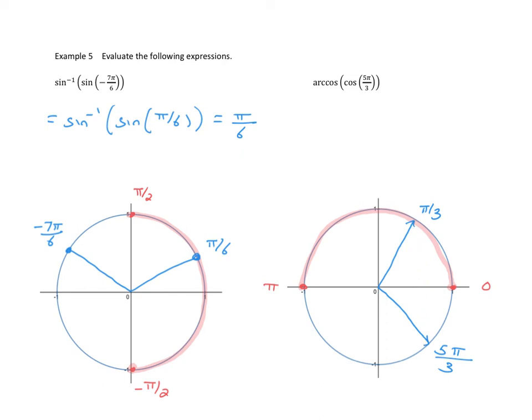So said another way, arc cosine of cosine of 5 pi over 3 is equal to arc cosine of cosine of pi over 3. But here, since pi over 3 falls within this interval, my answer will be pi over 3 instead of 5 pi over 3. And that is the answer to this problem.